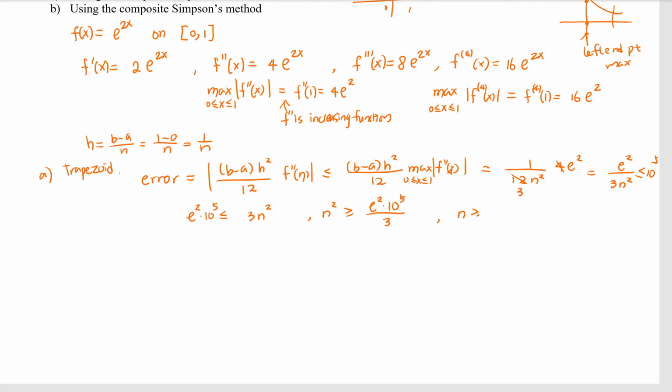So n is greater than or equal to the square root of e squared times 10 to the 5th over 3. So what is this number?